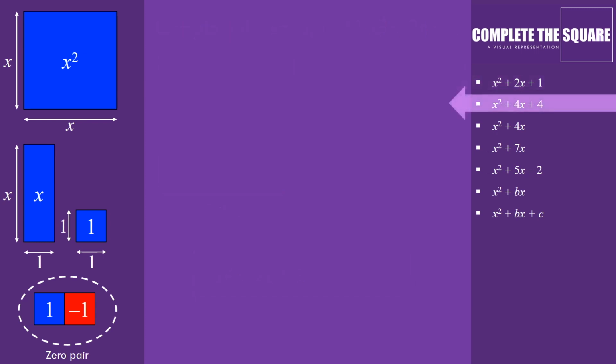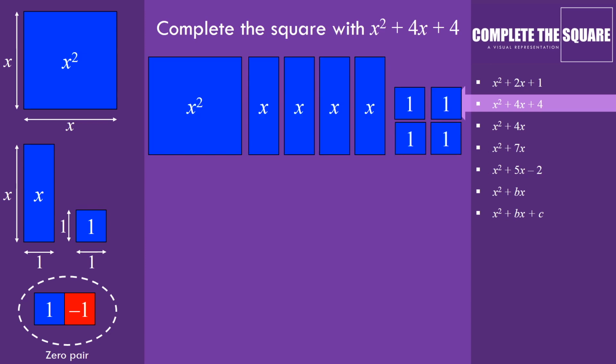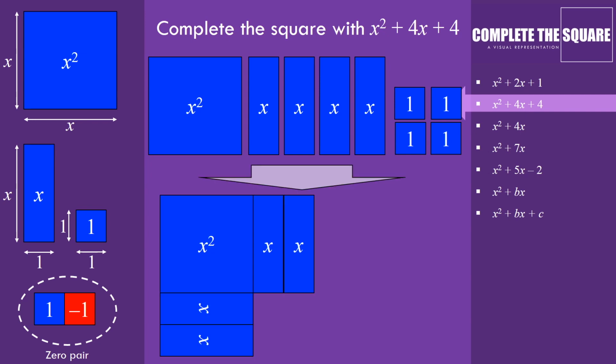Let's try another one. Complete the square with x squared plus 4x plus 4. We'll start by laying out the tiles that are required, and then we will align the x tiles in this manner. The two x tiles to the side and the other two x tiles below. In doing so, we realize we have formed a square gap of 4 square units to be filled up by the remaining 1 tiles.